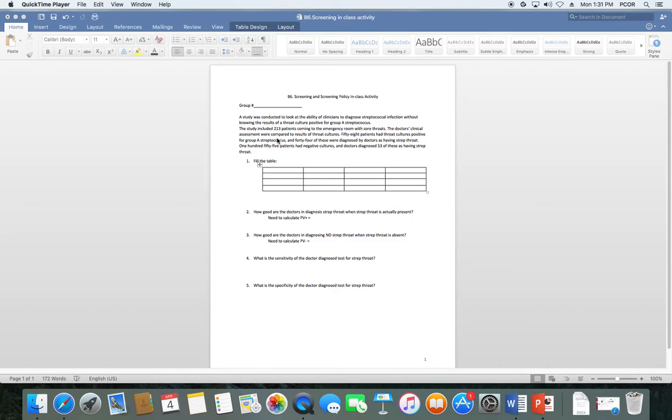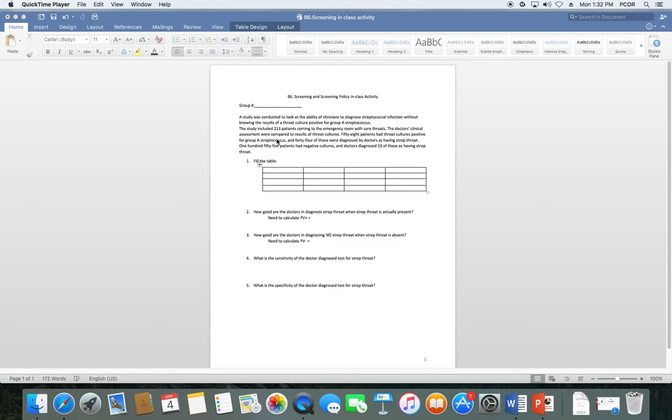In the meantime, patients have to be diagnosed correctly in order to be treated right away and not wait until the culture turns positive or negative. Now, if the doctor diagnosed it correctly and patients with strep throat were treated, then that's great.